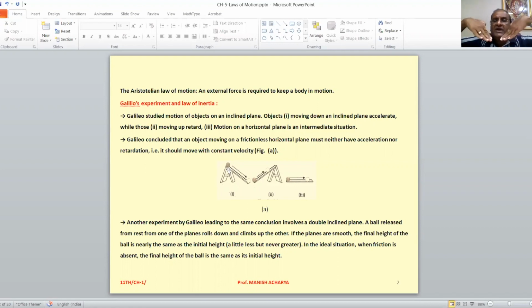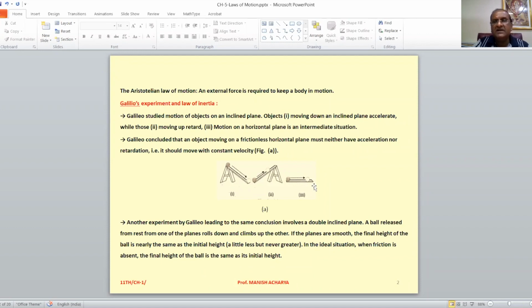So if we take two inclined planes like this, from the top of one, when the sphere is moving in the downward direction, the motion is accelerated, and on the other side, when it moves from bottom to top, its motion is decelerated. So he thought about the intermediate stage. Between these two, if we consider a plane surface, then the motion of the sphere on the plane surface can be considered with zero acceleration.